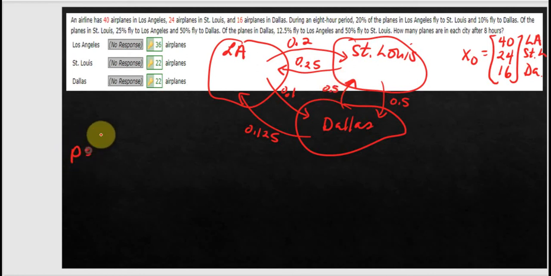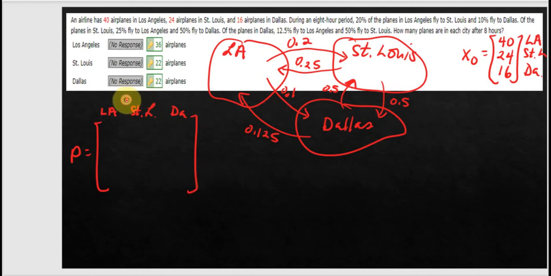So matrix P looks like, so here for this first column, I'm going to have LA. The columns, the order has to match the order given here for the initial state. So I have LA first, St. Louis, and then Dallas.